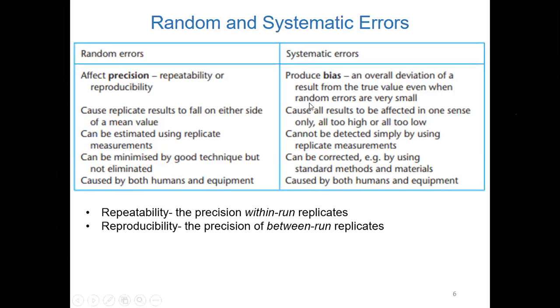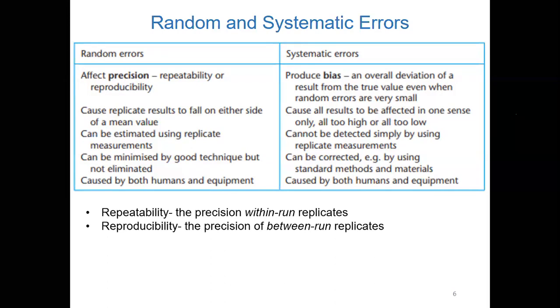And systematic error causes all results to be affected in one sense only, all too high or all too low. That is another difference.